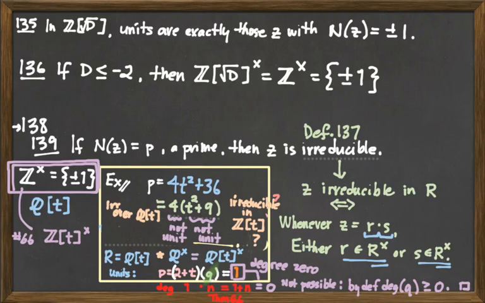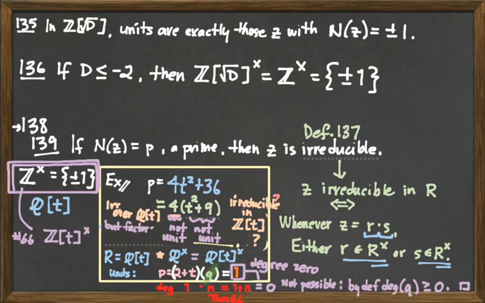So this factorization, 4 times t squared plus 9, wouldn't have told us anything about the irreducibility over the rationals of our polynomial, but because 4 is a non-invertible integer, where it was an invertible rational number, it now counts. So this factorization counts in Z adjoin t, where it didn't count in Q adjoin t.